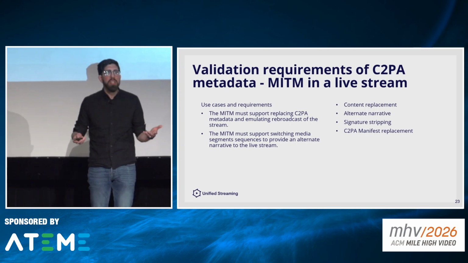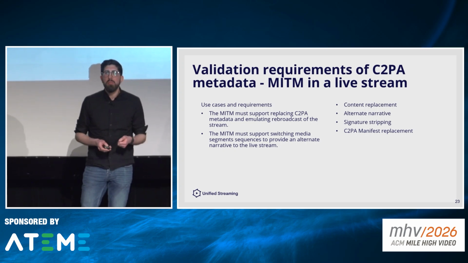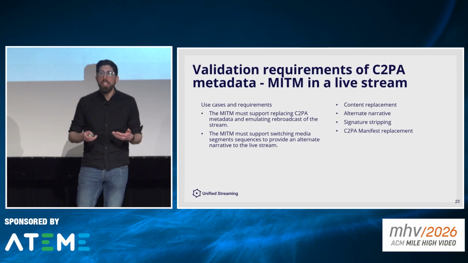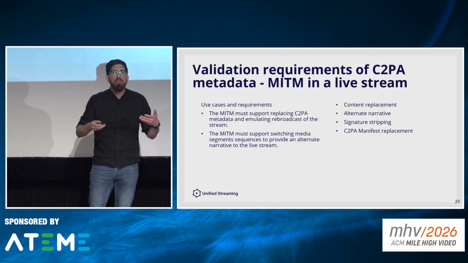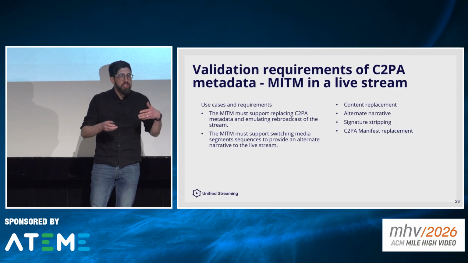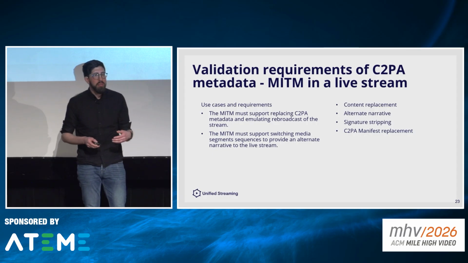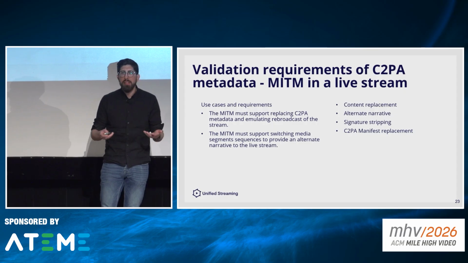When I say an alternate version, the classic example is a yes or no interview, where the answers of yes or no can be switched and change the narrative of the show, of the program. So in summary, it's content replacement, alternate narrative, signature stripping, and C2PA manifest replacement.